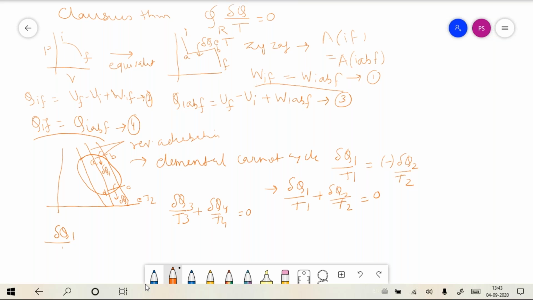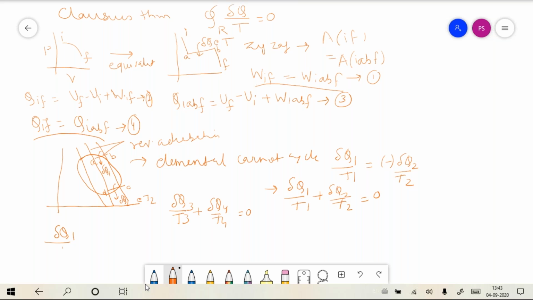Summing up is nothing but integrating it over the thermodynamic cycle. The way of writing it in mathematics is: the cyclic integral of del Q by T is equal to 0, which is called the Clausius theorem. And by proving this, we would be discovering a property called entropy.